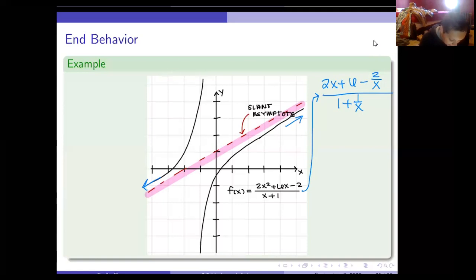And this only happens when the degree of our numerator is 1 higher than the degree of our denominator. So the degree of our denominator is x, and the degree of our numerator is x squared. So you always get a slant asymptote when the degree of your numerator is 1 higher than the degree of your denominator.